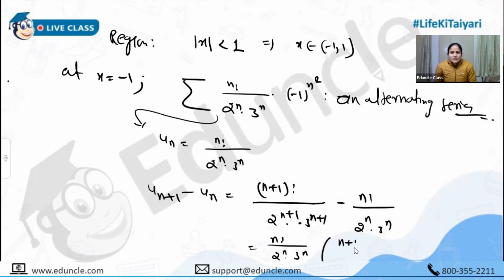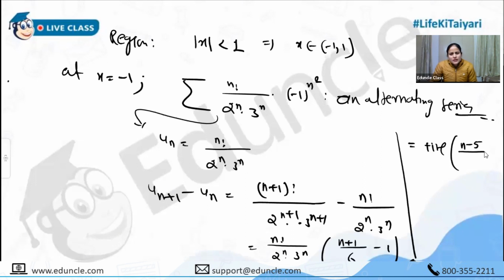Here I will have (n+1) divided by 6 and minus 1. So this term is positive, and inside it I will have (n minus 5) divided by 6. So this is going to be greater than 0 for all n greater than 5. Yes or no? u_{n+1} minus u_n.